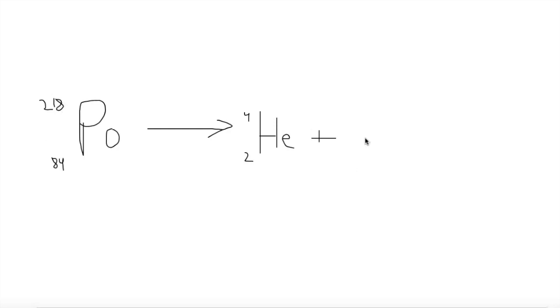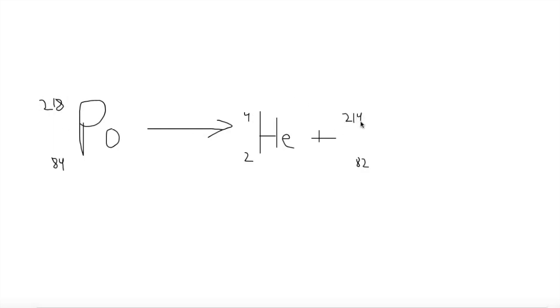So to determine the element that is created as a result of this nuclear reaction, we have to subtract 2 from 84 so we can conserve the atomic number. So that would be 82. And then to conserve the mass number, we have to subtract 4 from 218, which is 214.